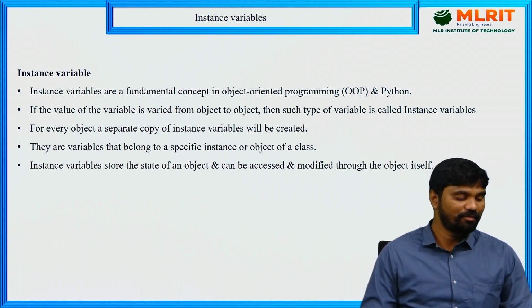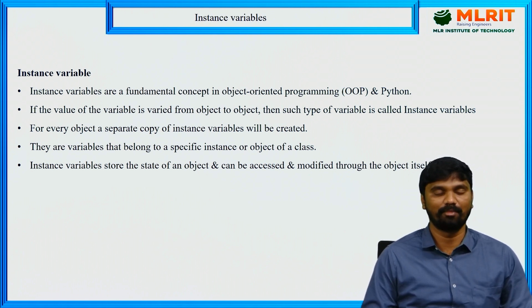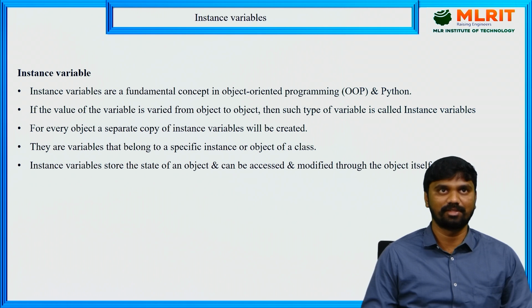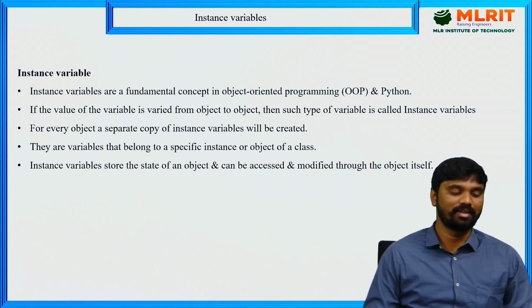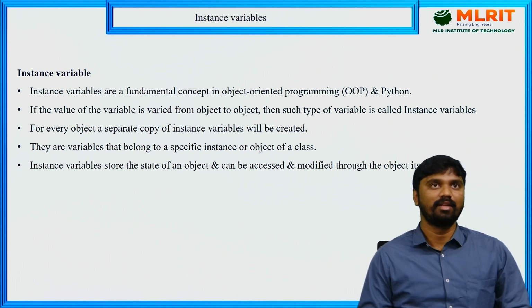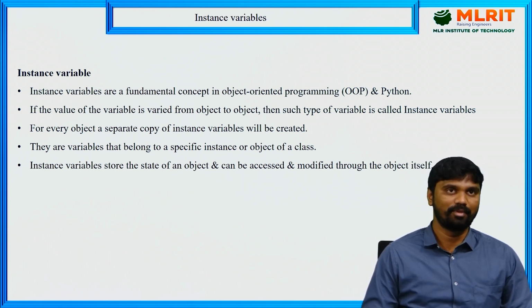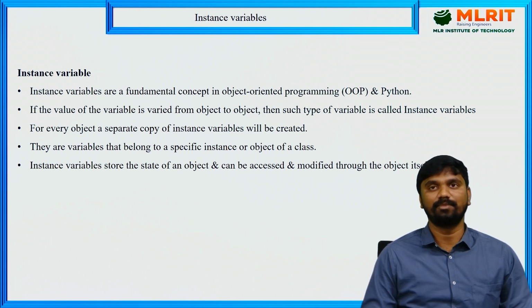It is a very fundamental concept, and of course we have it in every programming language. If you take the Java programming language, we have instance variables there too. Somewhat different here, but the concept is the same. The concept is that the value of the variable differs from object to object.